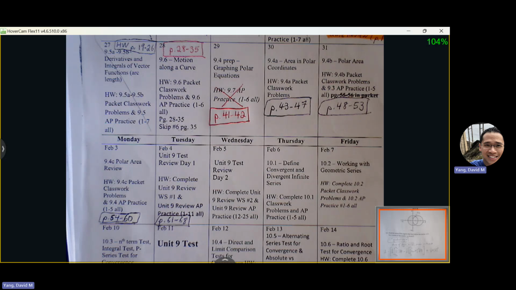I'll wake up at 7:50, sometimes I'll get up at 6:30.